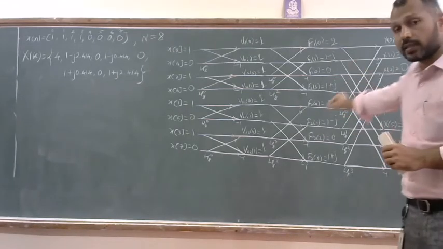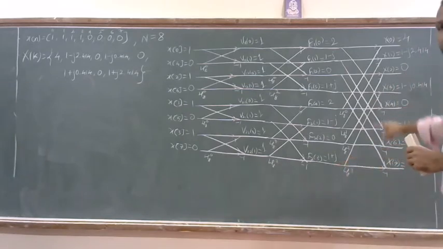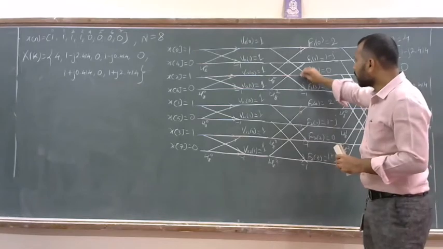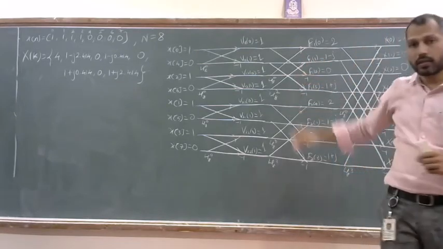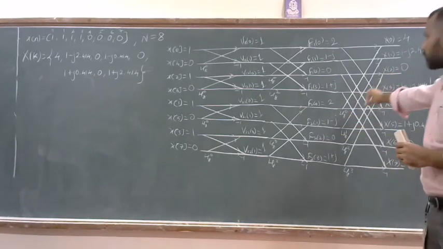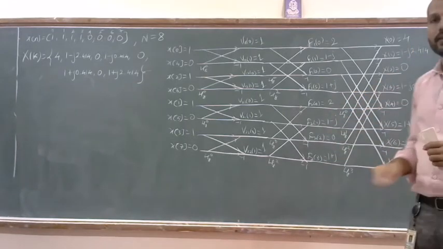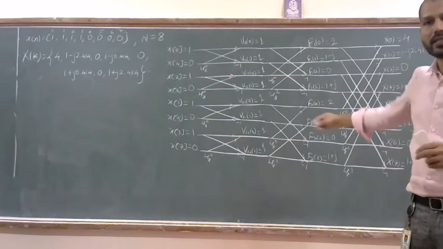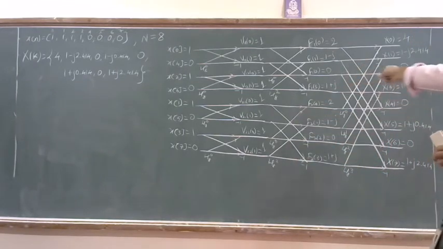Yes, it is easy, but you need to practice how to draw the signal flow graph. Sometimes connections might not be the way they have to be. Drawing this signal flow graph takes practice. Now everything is dependent on the equation. How is x of 0 obtained?